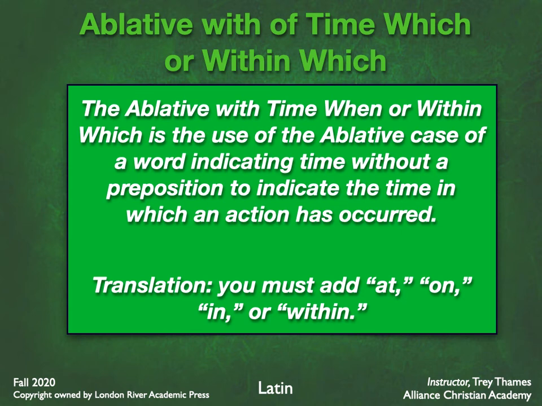When you have that word in the ablative case and it has no preposition, it is indicating the time in which an action has occurred. And you have to add the word at or on or in or within. You have to add this preposition when you translate it.